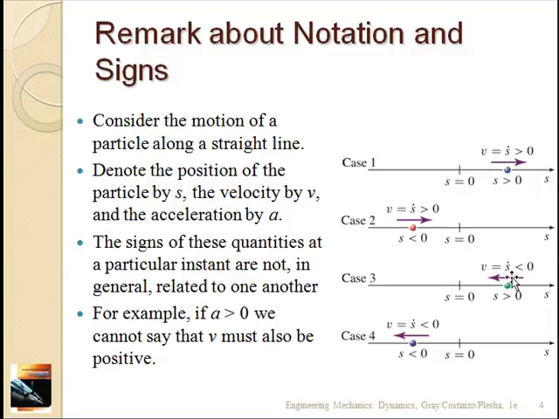But if we're moving to the left, the velocity vector points left and v is negative. We can be back here. If we're to the left, s is negative. But if we're back here and moving to the right, then v is positive. Or if we're out here and moving to the left, s is negative and v is negative. Okay, so we can have all these cases, and they're not really related. They're pretty much independent of each other.